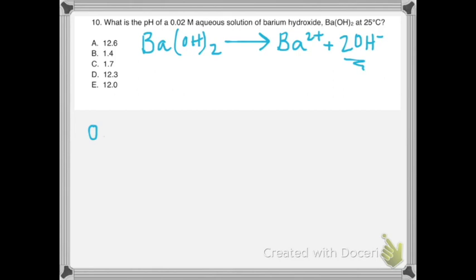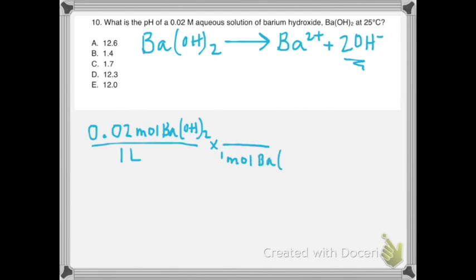So we know from the concentration that we would have 0.02 moles barium hydroxide in 1 liter, and that for every mole of barium hydroxide, we get 2 moles of hydroxide out. So we would have a 0.04 molar OH- solution.